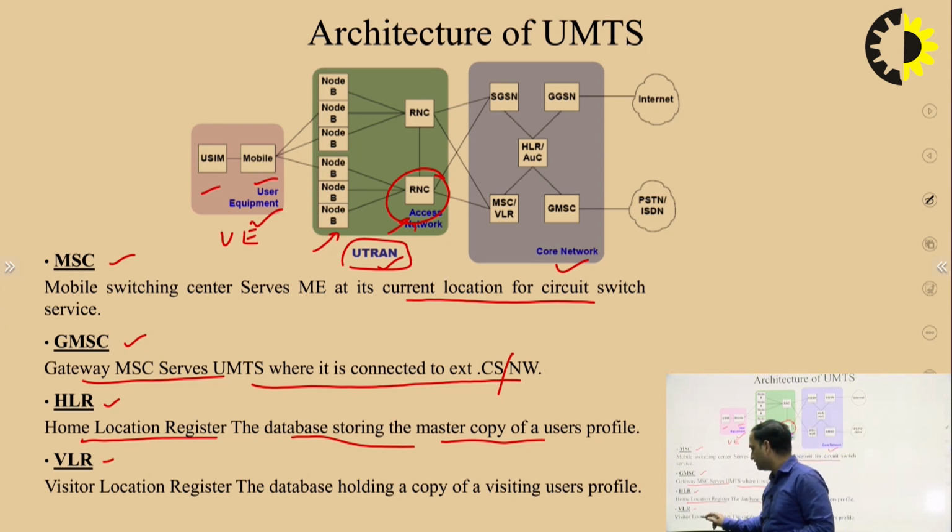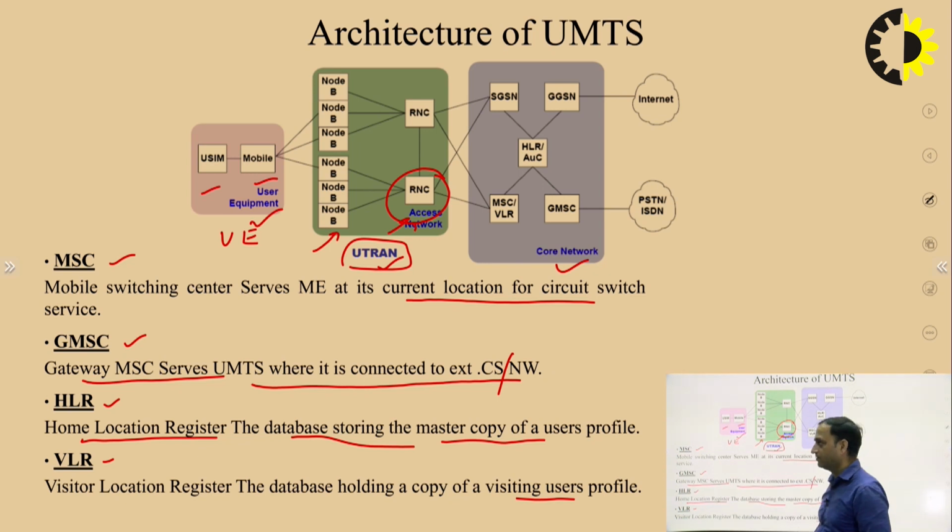Then the VLR, the visitor location register, is the database holding a copy of the visiting users when we are moving from one cell to another cell. In the other cell you will be the visitor, so that copy will be stored in the VLR. This must be clear to all of you, the meaning of all these things.